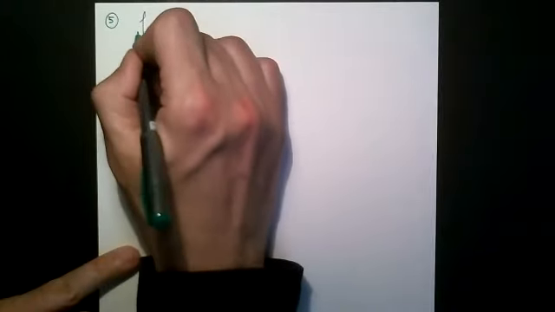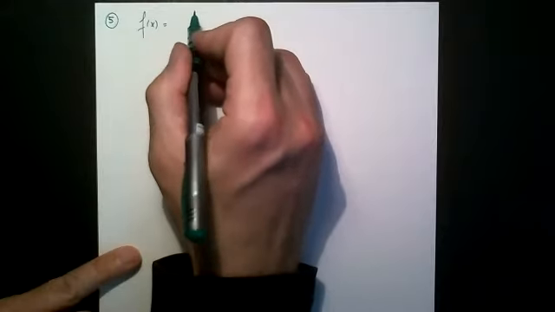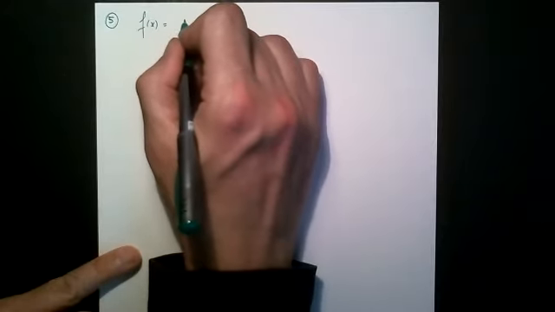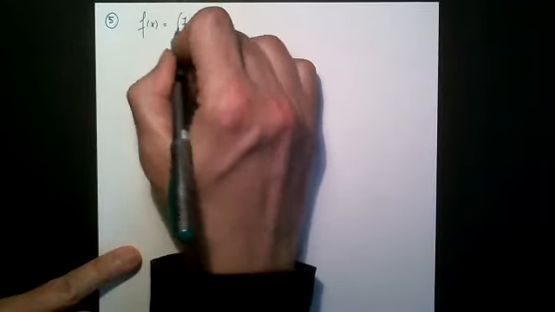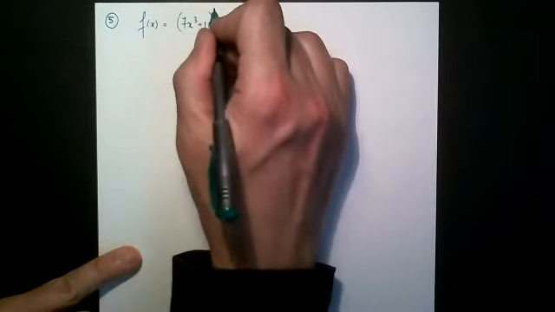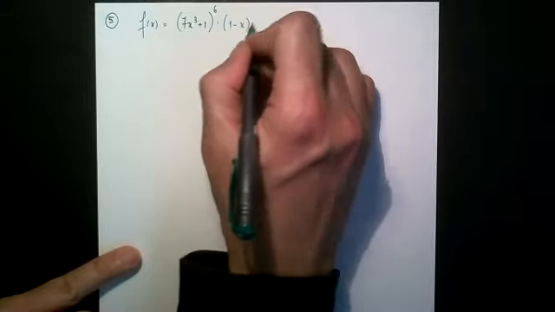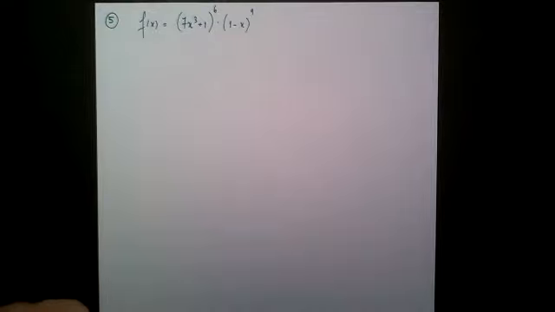First one, let's say f of x is equal to (7x^3 + 1) to the power 6 times (1 minus x) to the power 9.